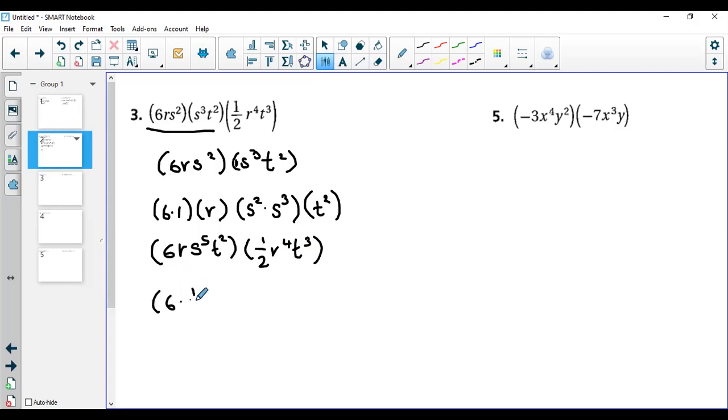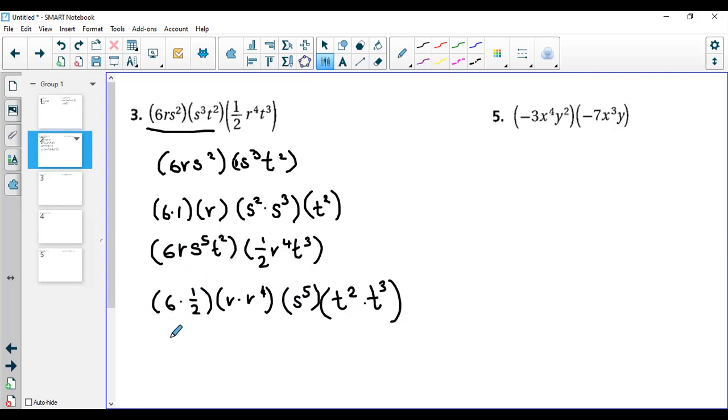So 6 multiplied by half, and then we have r, and also r to the power of 4. Then we have s to the power of 5. There is no s in this parenthesis, so it's s alone. And then t square, and we have t to the power of 3.